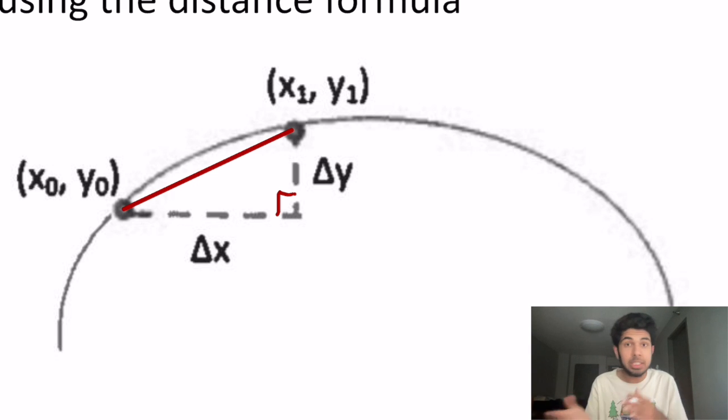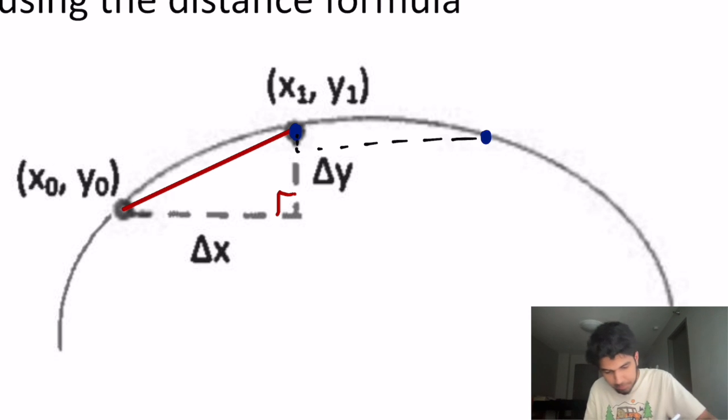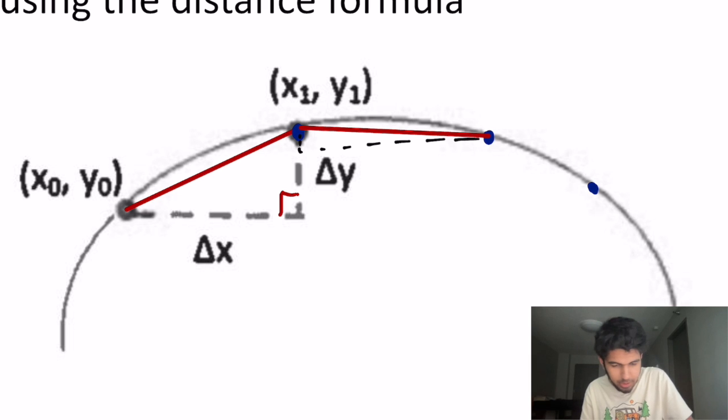And then suppose we take 2 more points. Let's say my first point is this blue dot, and then the second point is this blue dot. And again, we can draw these dotted lines here, and again, we can compute the distance between them, like so. And then suppose we take 2 more dots, being this one, and do the same thing.